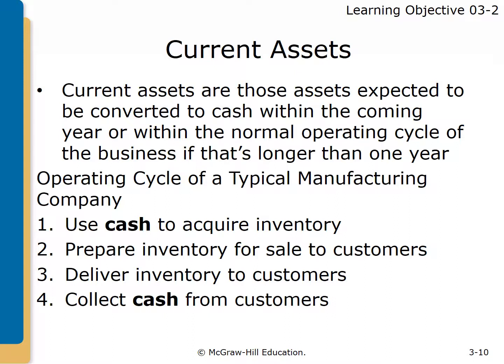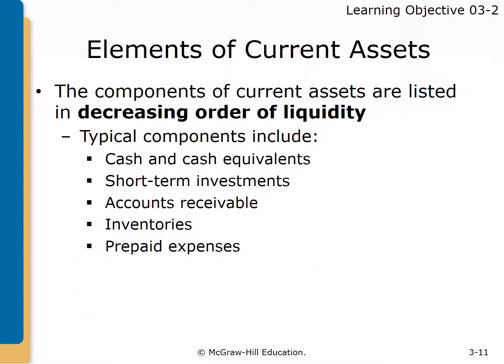Okay, so things like cash, and they give some illustrations of how cash is typically used. The components of current assets are listed in decreasing order of liquidity. So the most liquid, financially liquid assets, or those that can be converted to cash the quickest, are listed first. Well, cash can't get any more like cash.